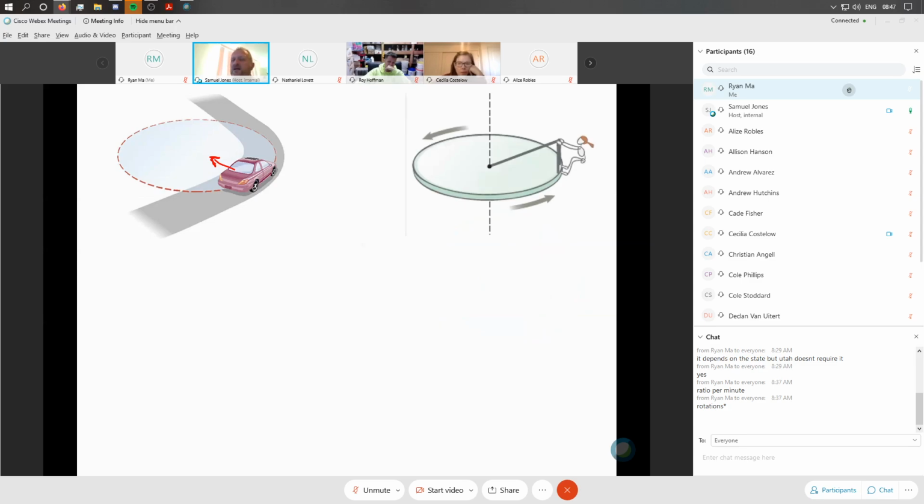Okay, we have a person hanging on a merry-go-round going around in a circle, and that means there is a force pulling her towards the center. What is the actual force that allows her to stay on the merry-go-round? Her grip strength? Yeah, and I'm going to call that a contact force.